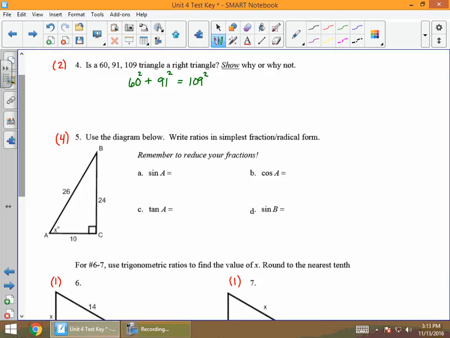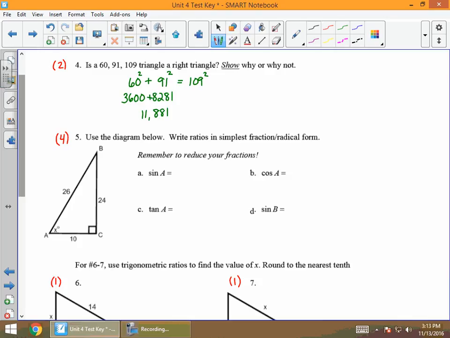Okay, let me grab my calculator. And there we go. 60 squared is 3,600. 91 squared is 8,281. And if I add those 2 things together, they add together to 11,881.